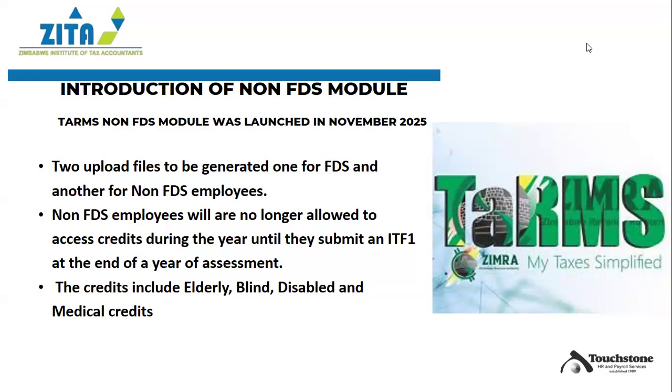But when they launched the non-FDS module in November, it meant that we were supposed to recalculate our taxes for non-FDS employees from February right up to December. Why? Because we had to take out the credits, because they were saying these credits are no longer applicable for non-FDS employees. Yet our payroll was taking those into consideration because this requirement was not there until November.